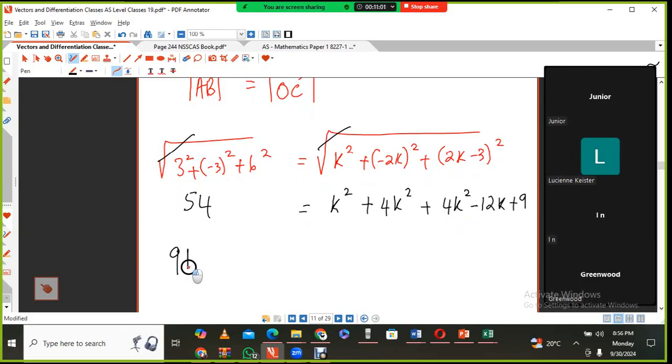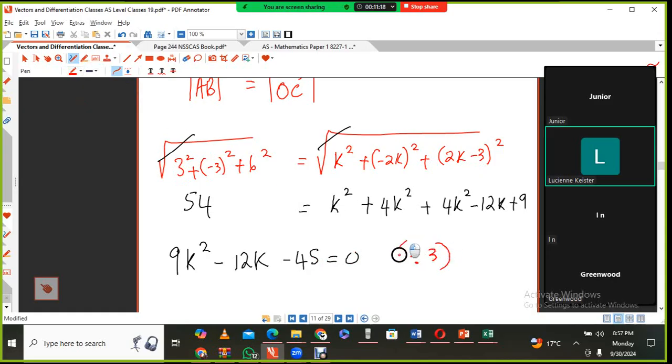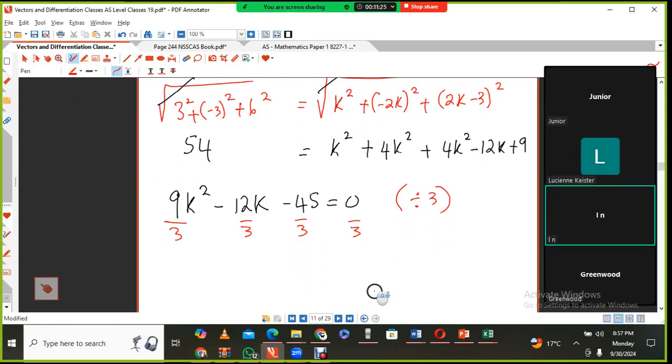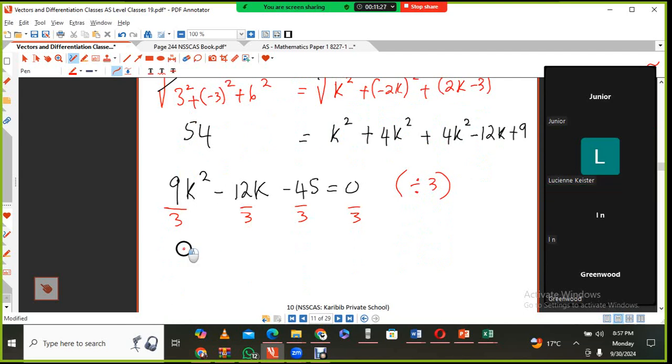Eventually, you should get 9K squared minus 12K minus 45. You don't have to use the quadratic equation formula. You can simplify this by dividing throughout by 3, and it will give you nice answers that you can factorize. So you have 3K squared minus 4K minus 15 equal to 0.